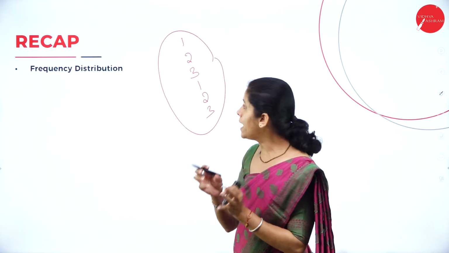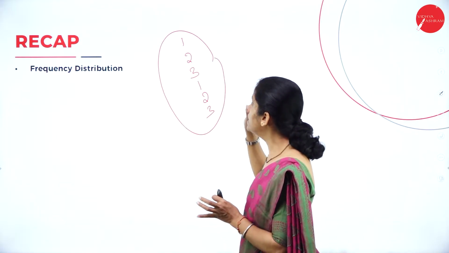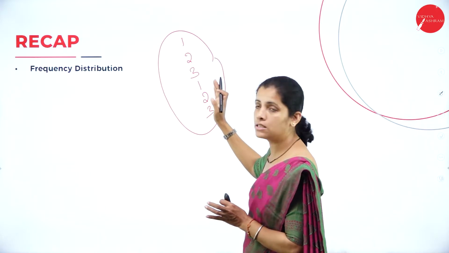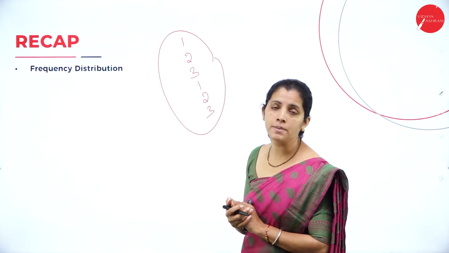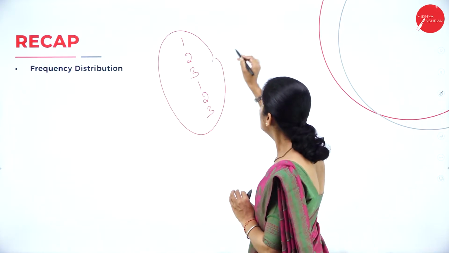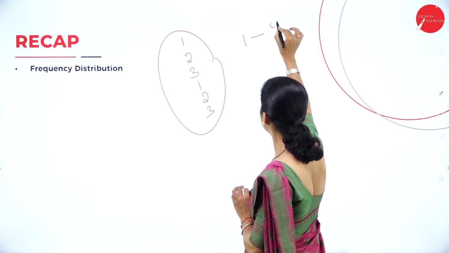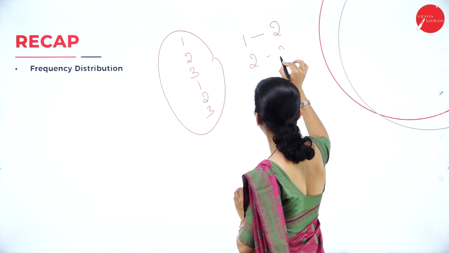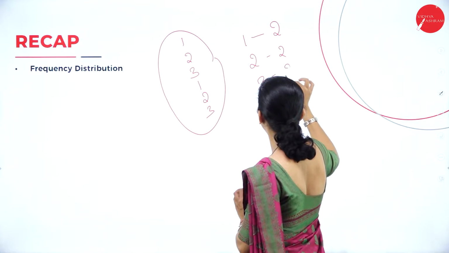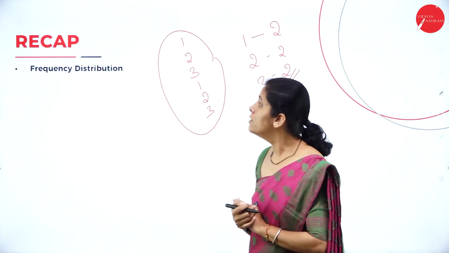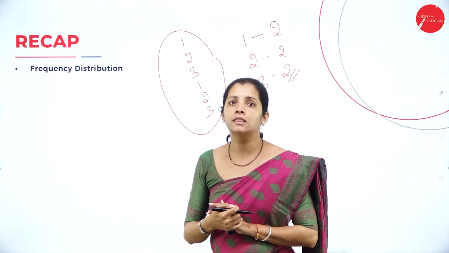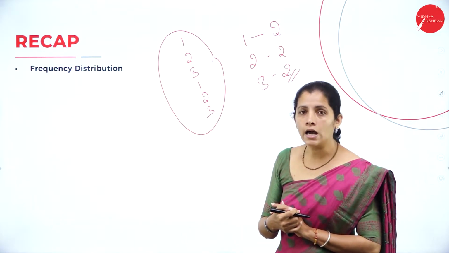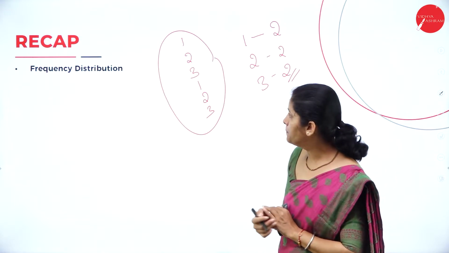Now, I want to identify how many times 1 appeared, how many times 2 is present, and how many times 3 is present. Here 1 is present 2 times, 2 is present 2 times, 3 is present 2 times. So frequency distribution is nothing but the way used to identify the occurrence of a number.